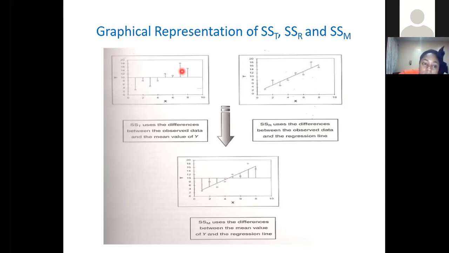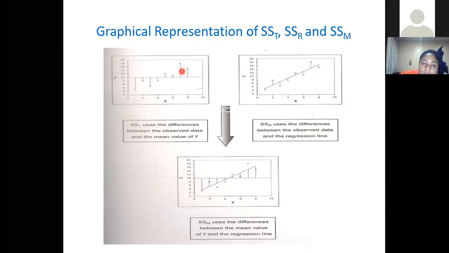In ANOVA it's the same thing also, because the total sum of square is gotten by removing the grand mean, the total overall mean, from each value. That's what gives you this total variance. And it's the same thing here. You are removing the mean from each value. It gives you total sum of square.